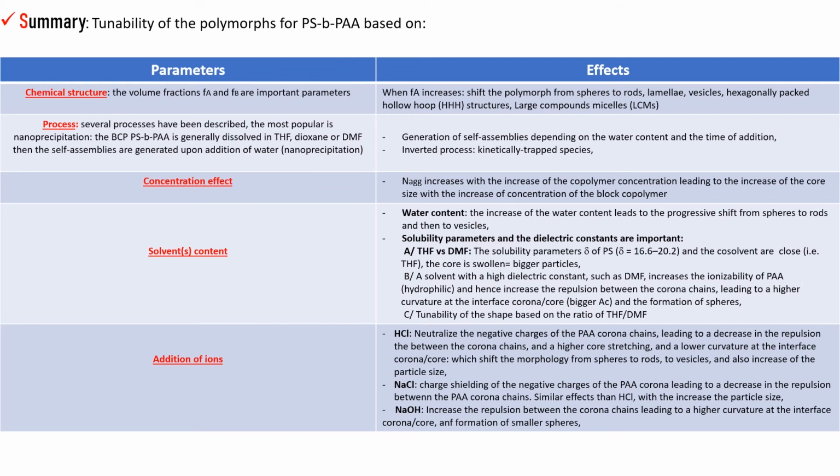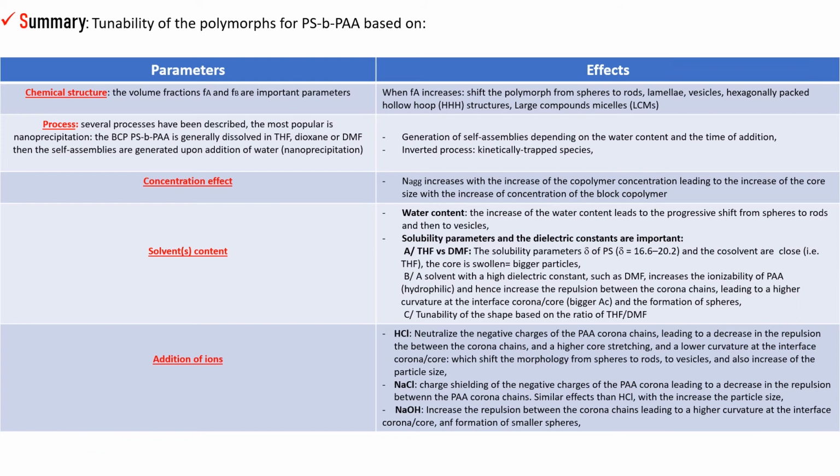Based on the chemical structure, the volume fractions Fa and Fb are important parameters. Indeed, when increasing the volume fraction Fa, it shifts the polymorph from sphere to rods to lamellae to vesicles to hexagonally packed hollow hoop structures until large compound micelles when Fa is closer to 1.